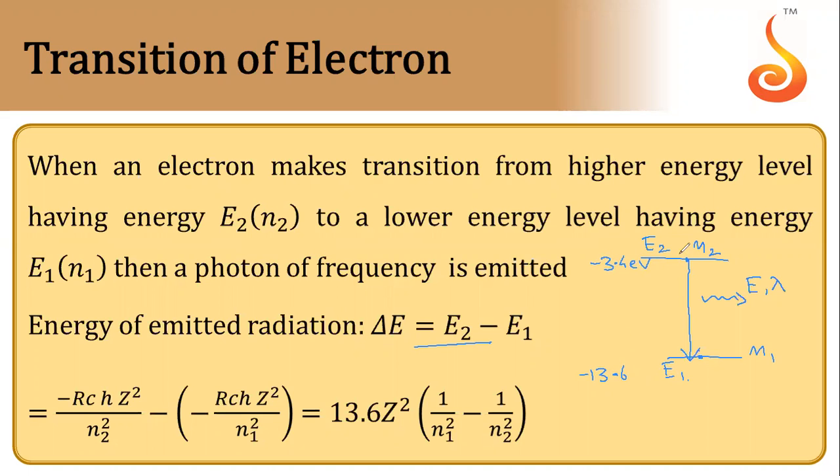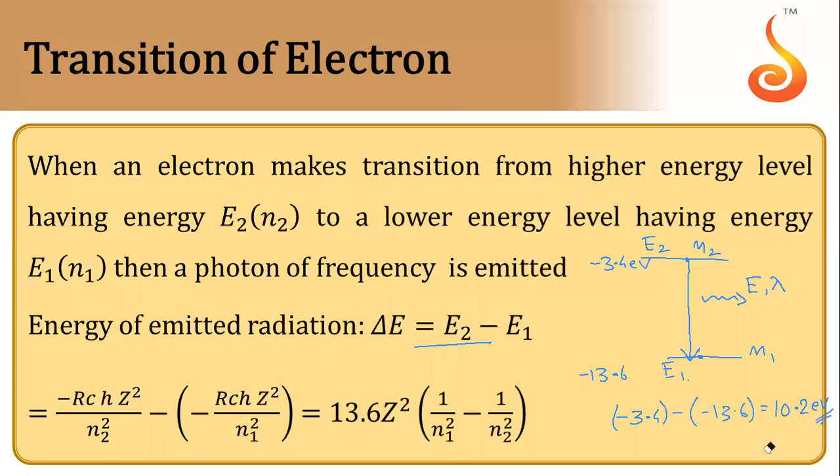So when an electron moves from the second orbit of hydrogen to the first orbit, the difference in energy is E2 minus E1. When you solve this, you will get 10.2 electron volt. That will be the energy of the photon which has been released.